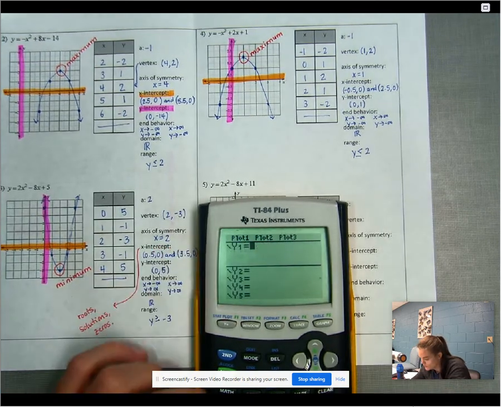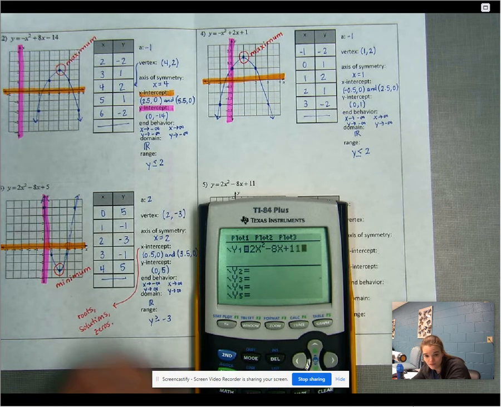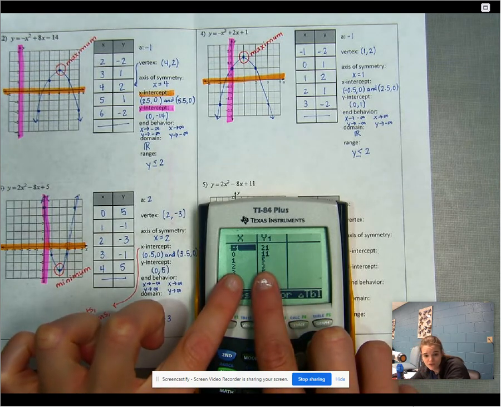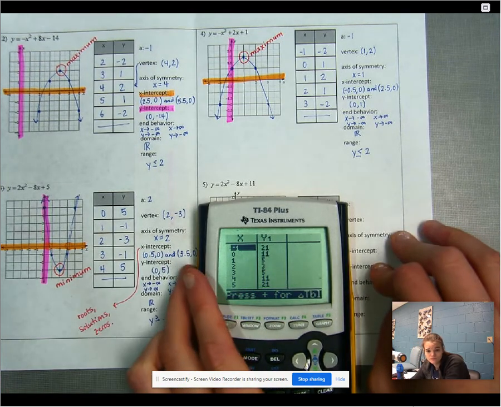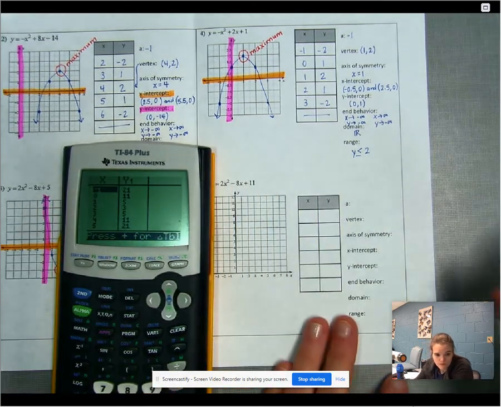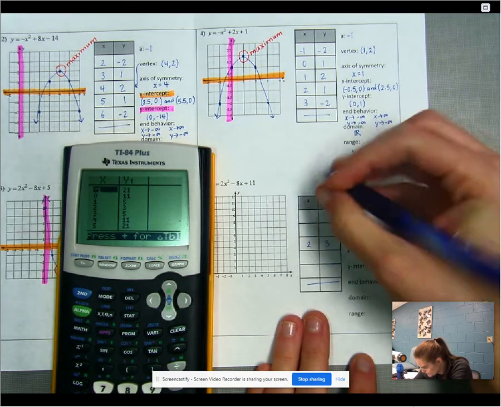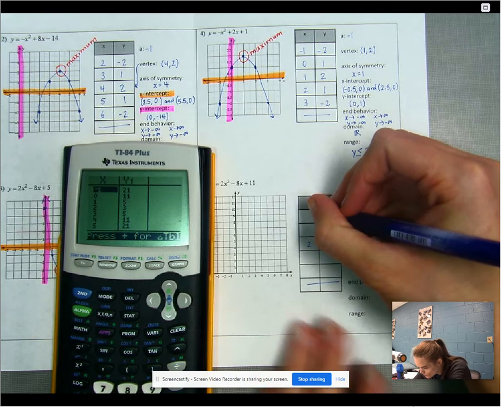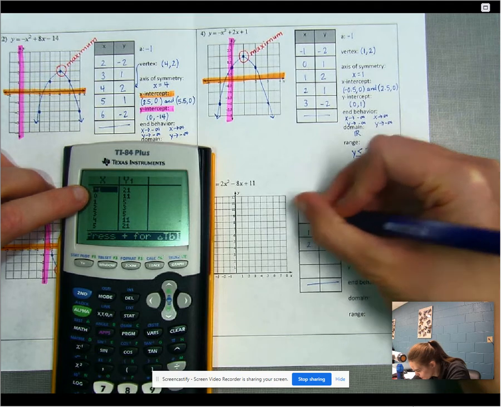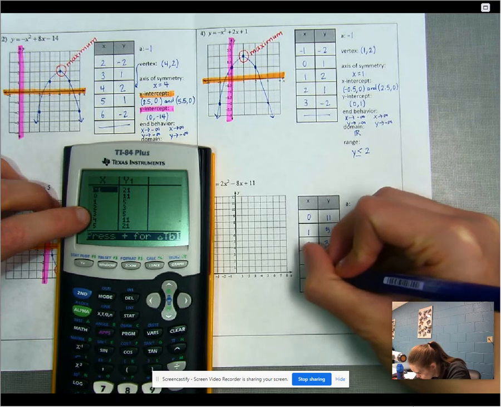Clear this out. 2x squared minus 8x plus 11. Second graph. Ooh, this one's nice. It's right in between here. There's the vertex, 2, 3. Because it's 5 and 5 and 11 and 11 and 21 and 21. So 2, 3 goes in the center. We're going to cross out the bottom one. 1, 5, 0, 11, which gives me my y-intercept. 3, 5, 4, 11.